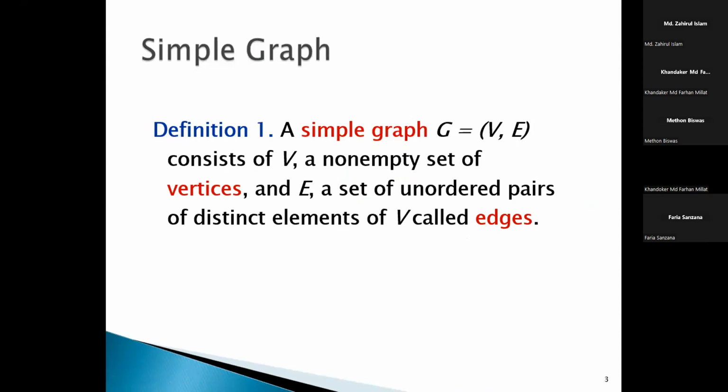Already we discussed this type of graph in our previous chapter in the relation diagram, but normally a simple graph will be a function of two elements. One is vertex and another one is edge. Vertex means the node and edge means the connection between the vertices or nodes. So do you understand about the graph?